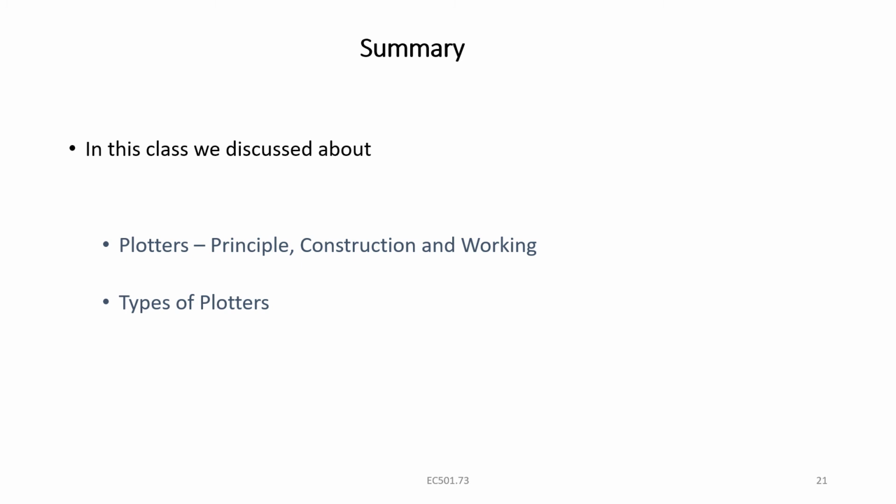To achieve this, an XY recorder is used, in which one variable is plotted with respect to variation of another variable. The two types of recorders are analog type and digital type. For plotters also, we have the analog type and the digital type.